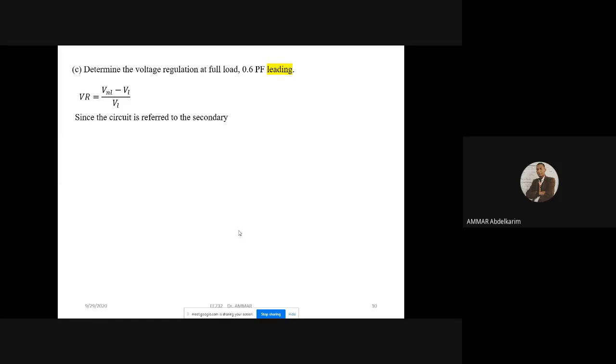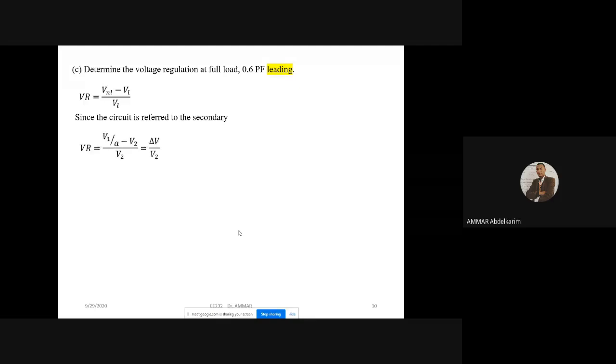Last session, we solved a problem where we found the voltage regulation in the primary, and it can be found in the secondary with the same result. Always, I repeat again, choosing the primary or secondary side will not change your result. But you have to respect the impedance transfer: if you work in the primary, you have to respect the primary, or the secondary.